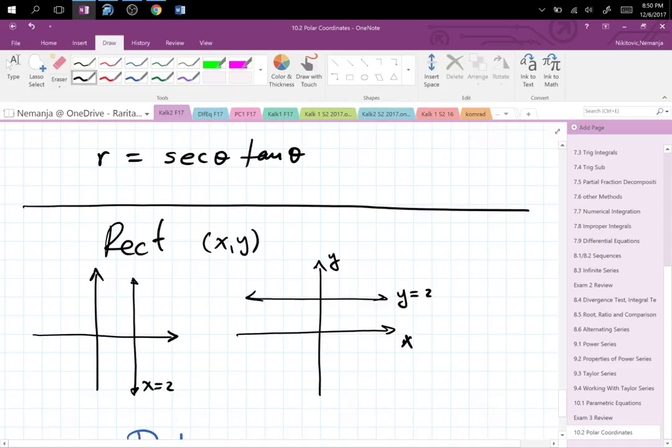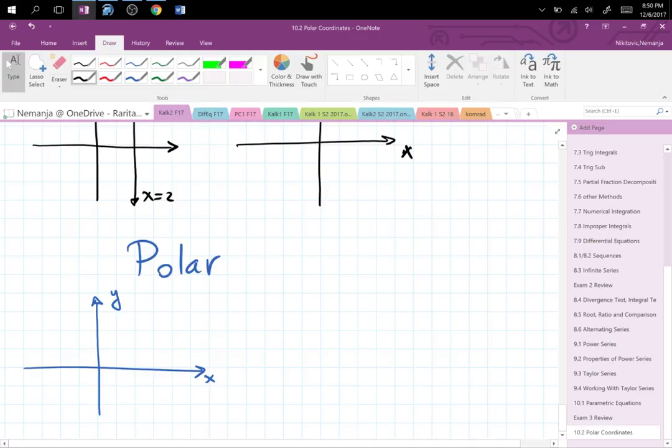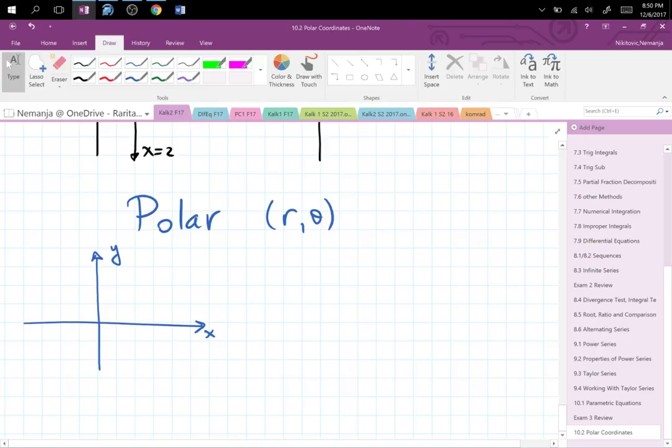I say y equals something and I get a horizontal line. What happens in a polar world, which is r comma theta, if I say r equals something and just leave it as is? What do I get?